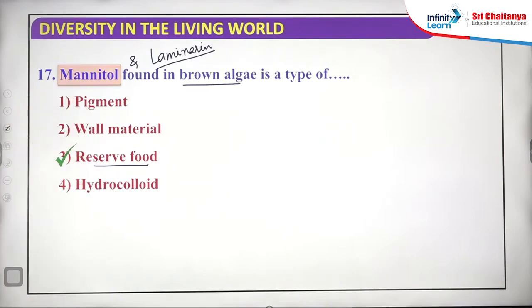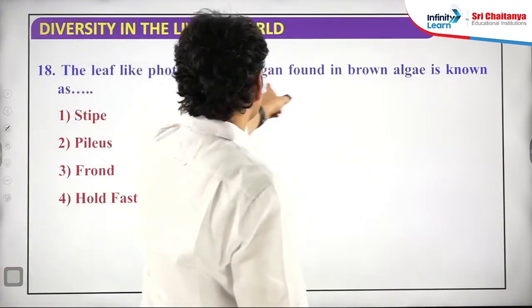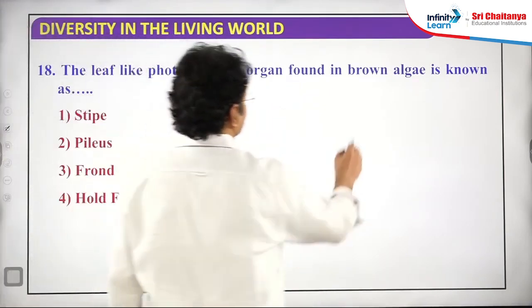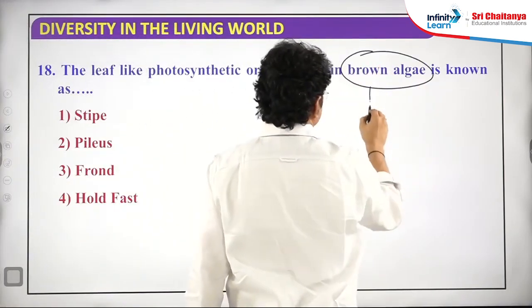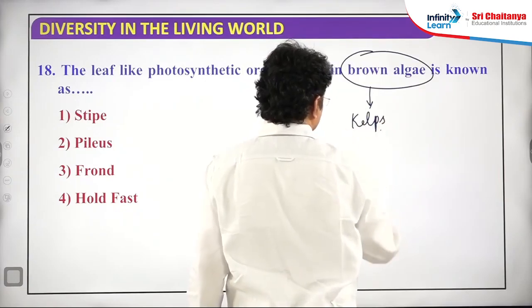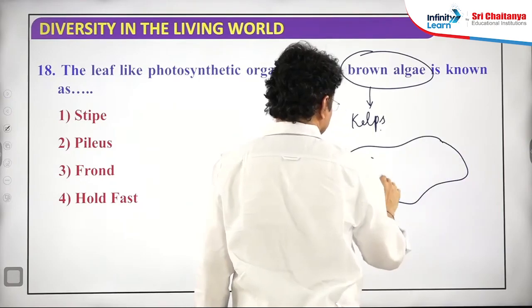Next question. Somebody asked about the structure in the last class: a leaf-like photosynthetic organ found in brown algae. In all brown algal members with a large body size, called kelps, one green, very expanded leaf-like structure is there.